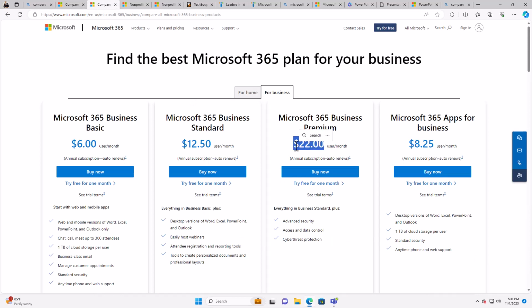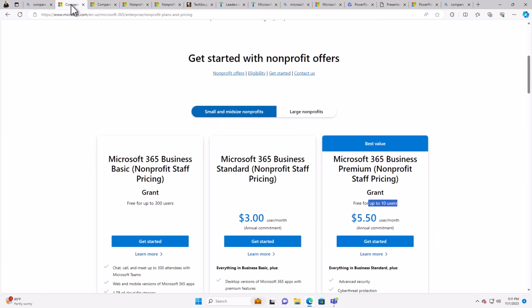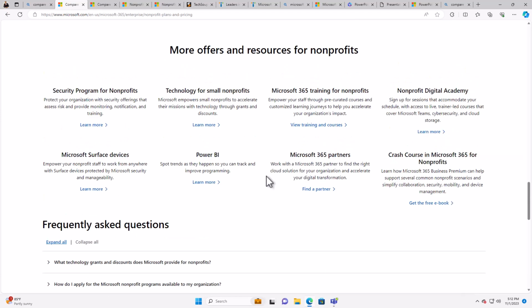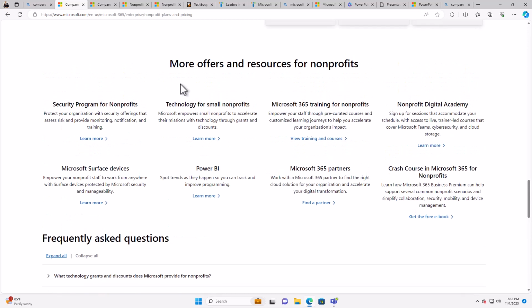There are some other things I want to show us here. It's saying more offers and resources for non-profits. One of them is a security program, so you can protect your organization with security offerings that assess risk and provide monitoring, notification, and training. Then Microsoft empowers more nonprofits to accelerate their mission with technology, through grants and also through discounts.